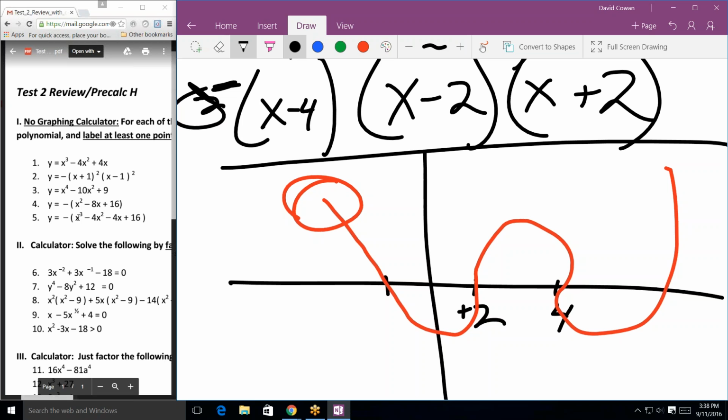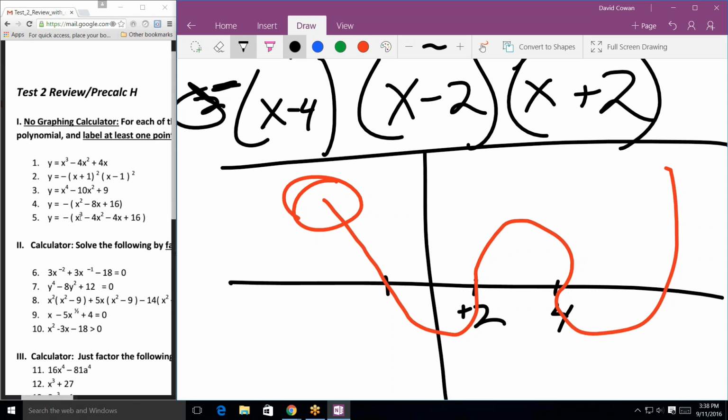Number 5. First of all, let's talk about end behavior. End behavior is only affected by the highest degree term. I don't care about this minus 4x squared. I don't care about the minus 4x. I don't care about the plus 16. When I plug negative infinity in for x, it's this x cubed that I care about.